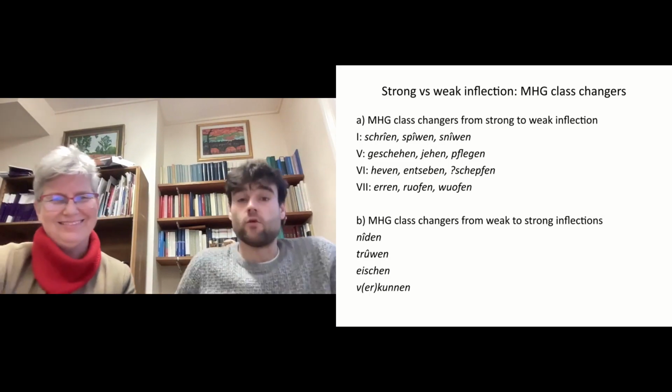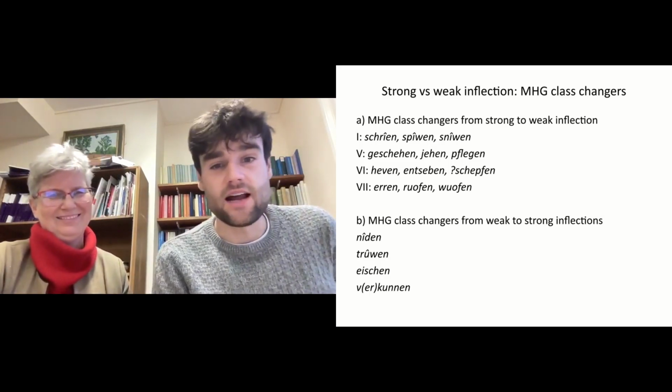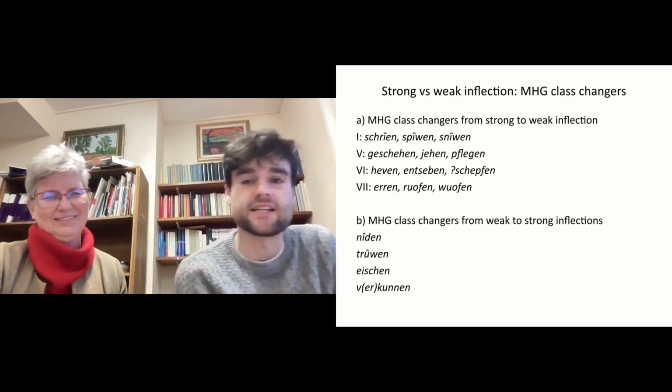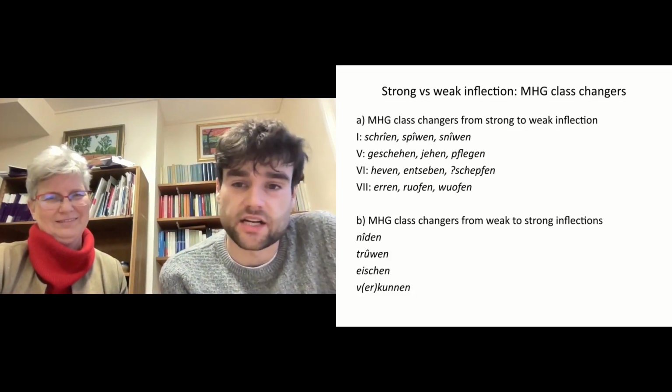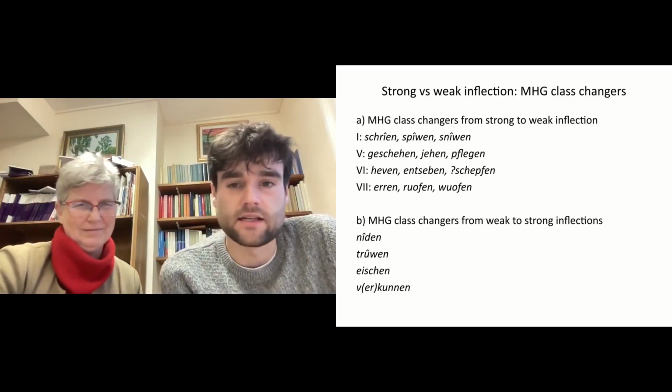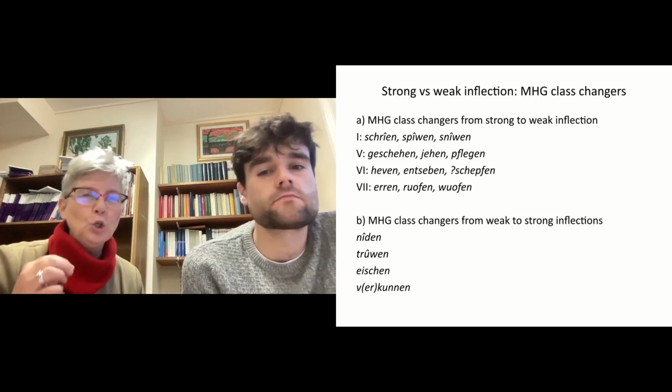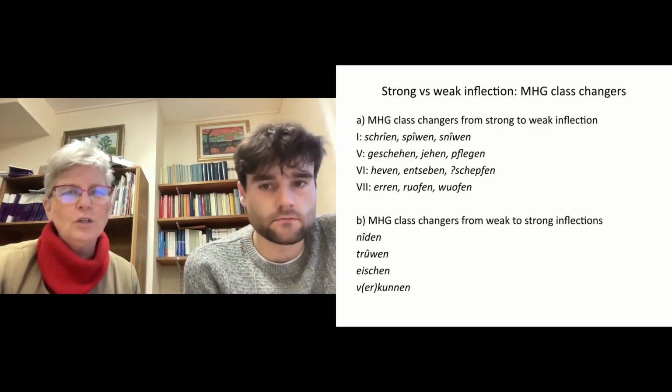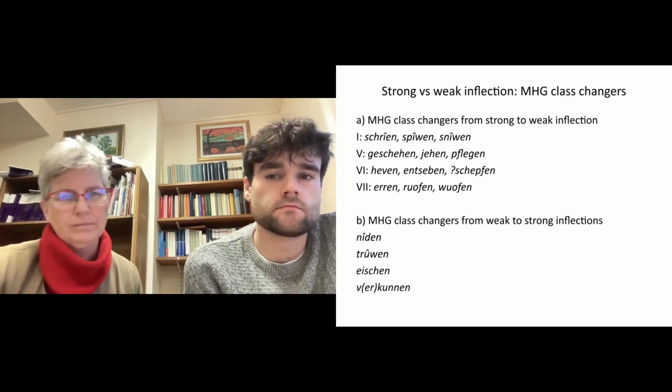At least 11 formerly strong verbs in Middle High German are entirely or partially inflected with weak inflection, while the reverse constellation only occurs 4 times, namely with nieden, truven, eischen, and verkunnen.